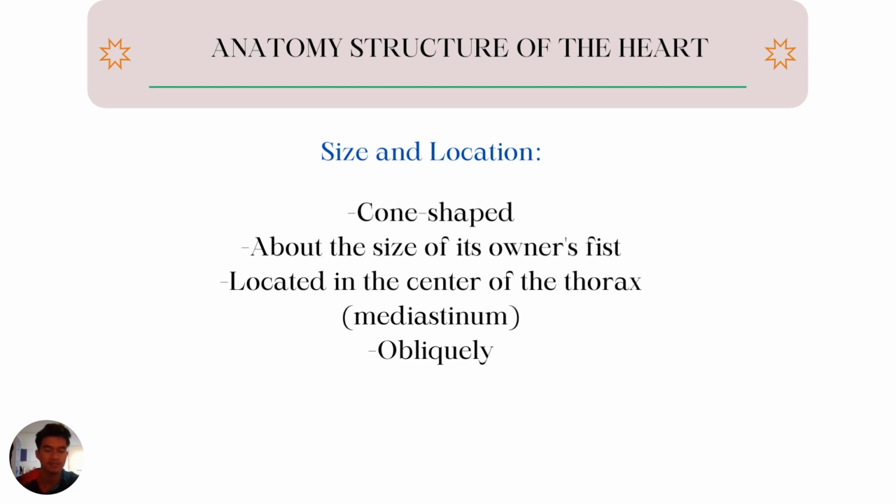Right atrium: two large veins deliver deoxygenated blood to our right atrium. So for the size and location, we have a cone shape about the size of its owner's fist, located in the center of the thorax. That is the mediastinum, and the size is obliquely.